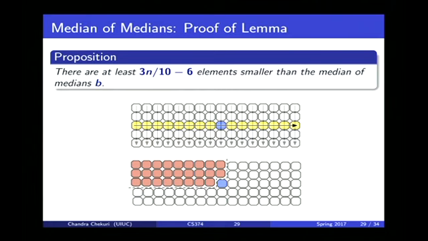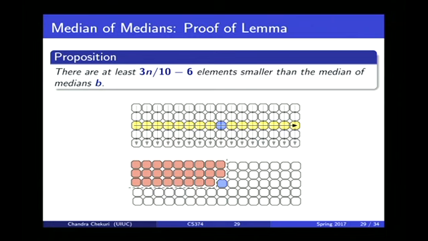Why? Because the blue guy is the median, all these numbers are less than that, and in each column, all these 3 numbers are less than or equal to this number. So these 3 should be less than the blue guy. So all these top corner numbers we know are less than the blue guy. By the same argument, all these bottom corner guys are bigger than the blue guy.